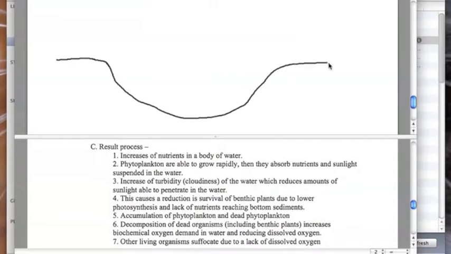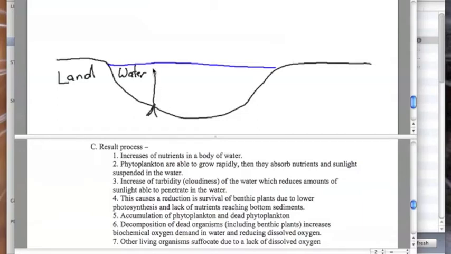We take a simple lake and we have our land here, and then over here we have our water. So the land and the water are the location we need to look at. Now, normally within here, as you saw in the previous picture, we have a lot of plants that can survive, and they are easily adapted to living in the lake.